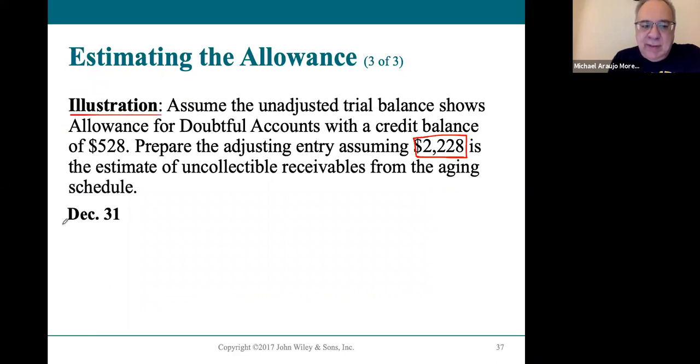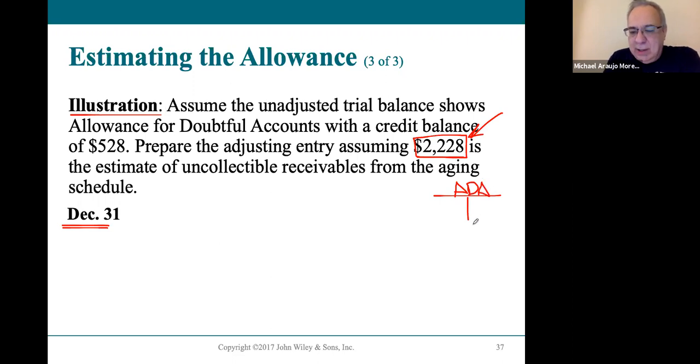So now we're at the end of the year. It's December 31st. We've just done an aging of our accounts, and we want the balance to be $2,228. Okay, that's what we want. So let me set up a little allowance for doubtful accounts, the ADA here.